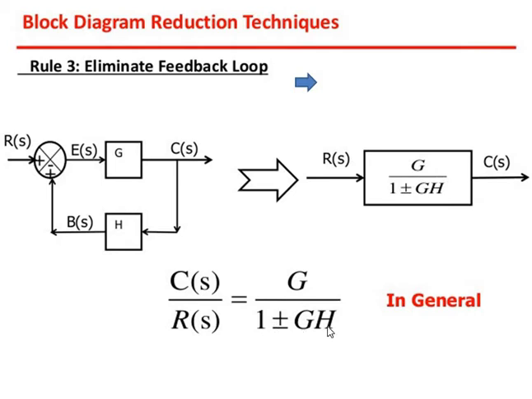H is the feedback path gain and G is the forward path gain. Here the sign is indicated as plus and minus. If the feedback is minus, then we put plus in the denominator. If the feedback is plus, then we put the sign 1 minus GH. So if here it is minus and plus, we can put plus and minus, vice versa.